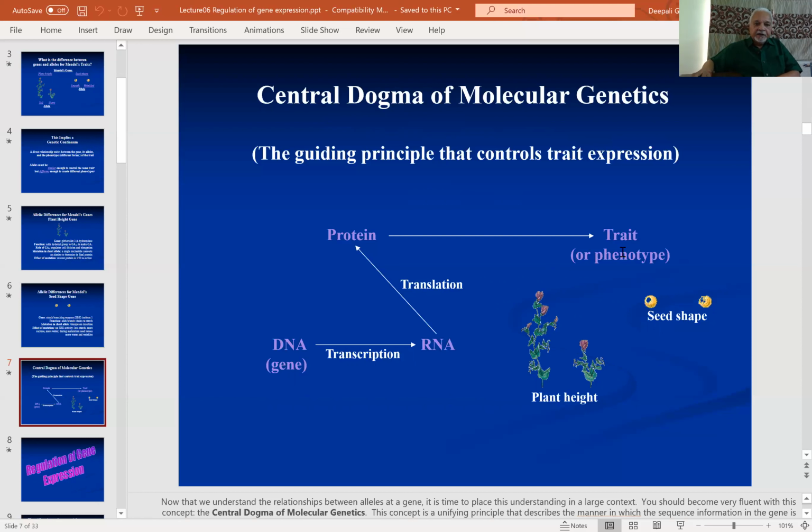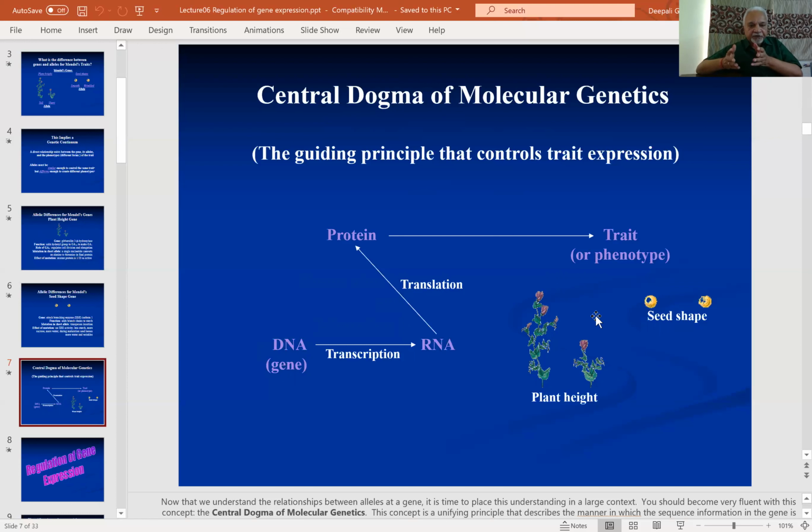Okay, and a change in this gene by way of mutation gives you the alternative phenotype, which Mendel observed without this knowledge, and he just said that there are allelic differences he considered at that point of time, without knowing anything of what I'm talking about in terms of genes, proteins, RNA, DNA, etc. So he only talked about alternative traits being present.